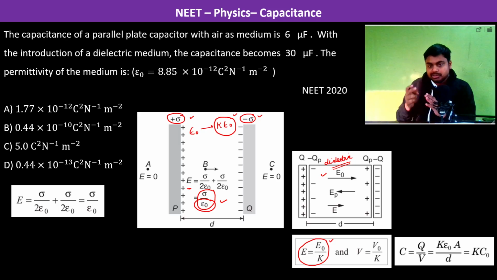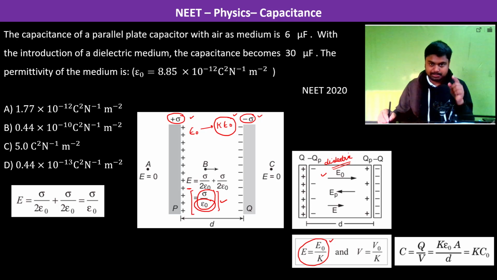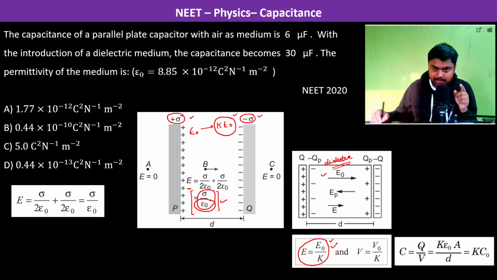Okay, so the electric field which was sigma by epsilon naught, now since we have replaced epsilon naught by k epsilon naught, becomes sigma by k epsilon naught, which is E naught upon k. And even the capacitance becomes k times because epsilon naught was in the numerator.